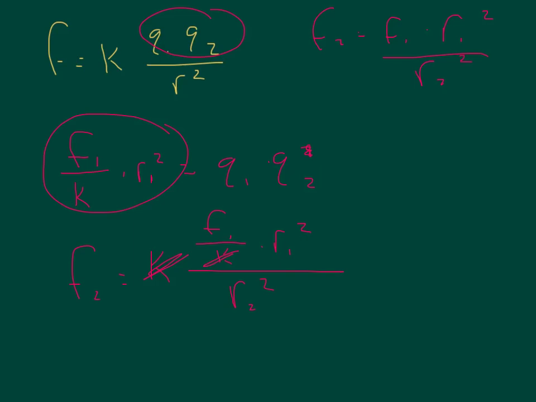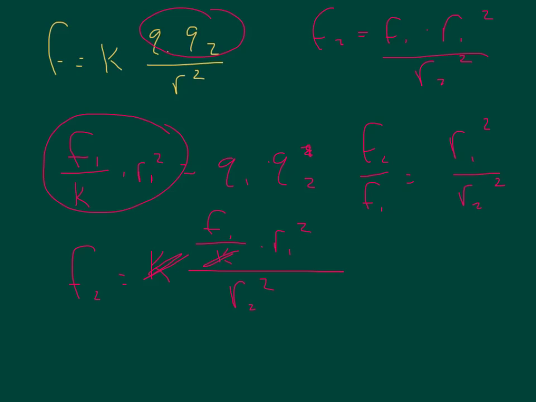And if you were to divide this, you would see that you get a ratio of force 2 over force 1 is equal to radius 1 squared over radius 2 squared. And this is because it's the inverse. Whenever you look at the numbers, this is force 2, this is radius 2, this is force 1, this is radius 1. It's because it's an inverse squared law.